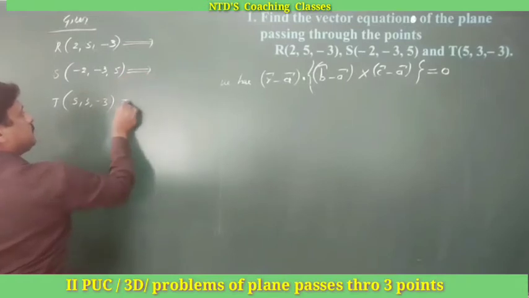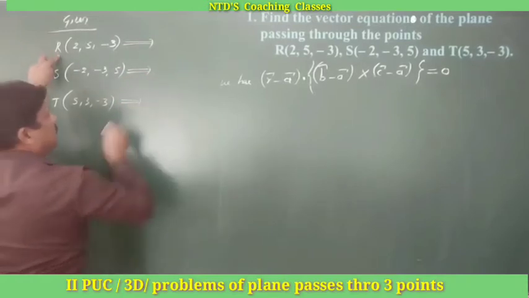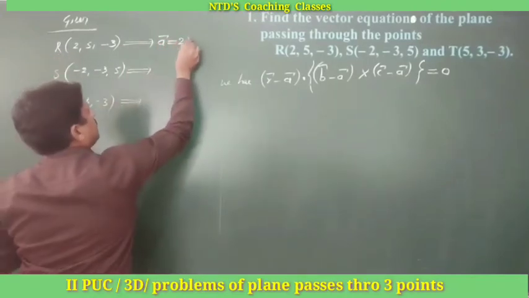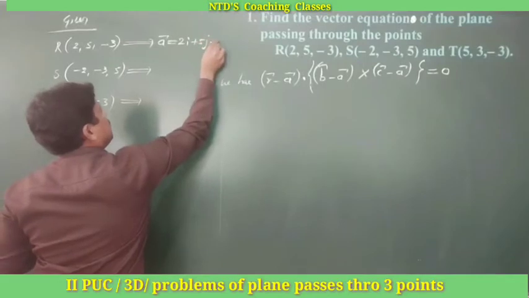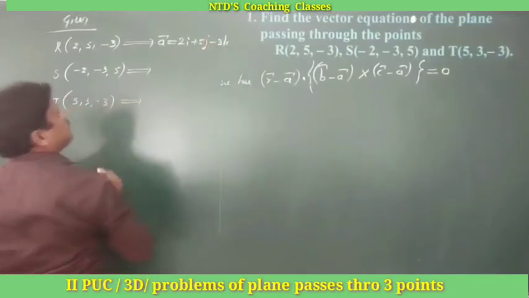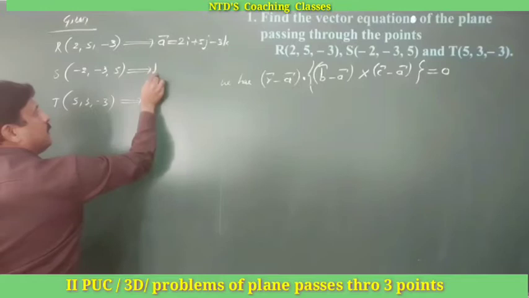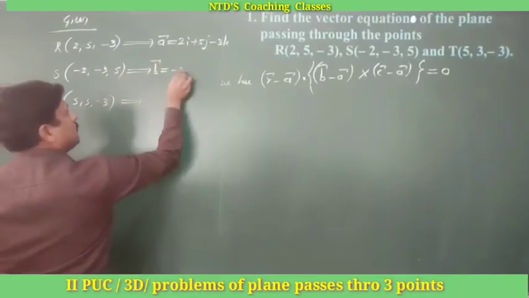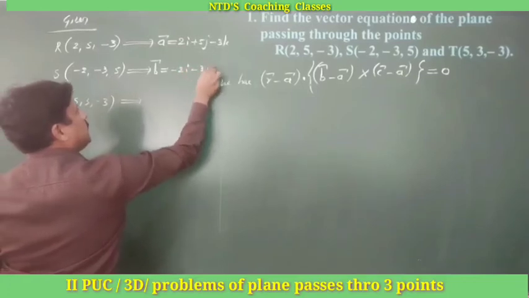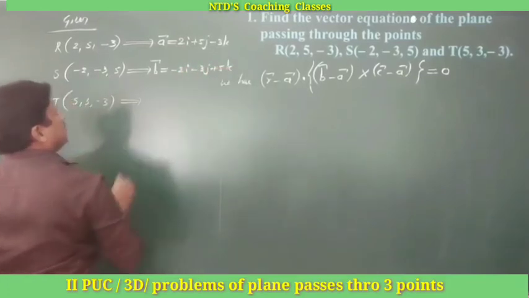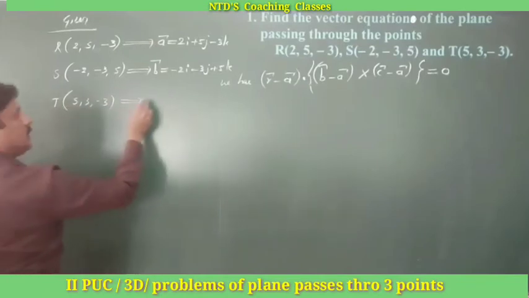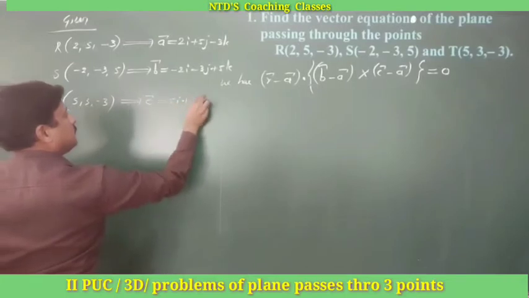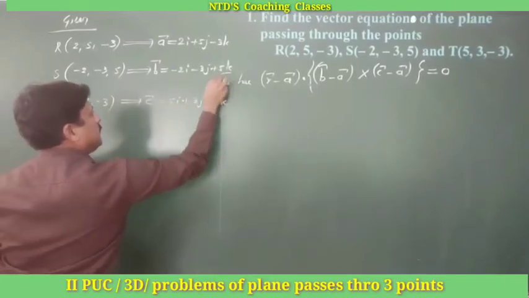Implies the position vector of the point R, call it as A, is 2i plus 5j minus 3k. The position vector of the point S can be taken as B, that is minus 2i minus 3j plus 5k. The position vector of the point T, call it as C, is 5i plus 3j minus 3k.